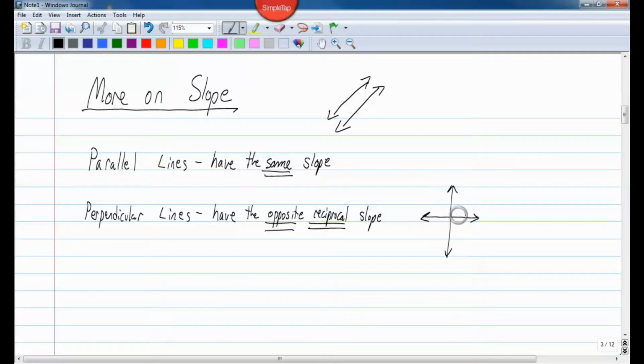The slope of the x-axis and the slope of the y-axis are opposite reciprocals. So perpendicular lines are opposite reciprocal. Parallel lines are the same as far as the slope is concerned.